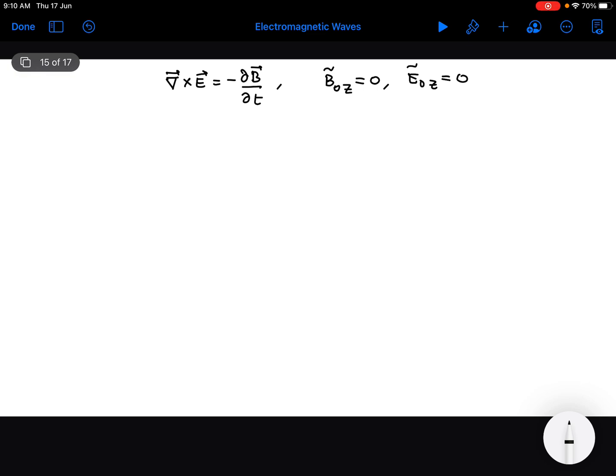As I said, the solution of the wave equation is a traveling wave, or a plane wave. Now, we use this relation between E and B to establish the relation between amplitude and wave propagation.